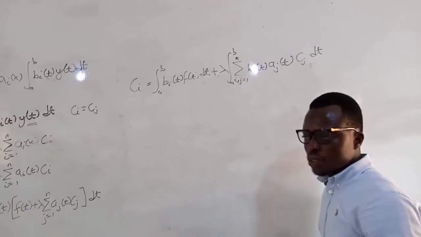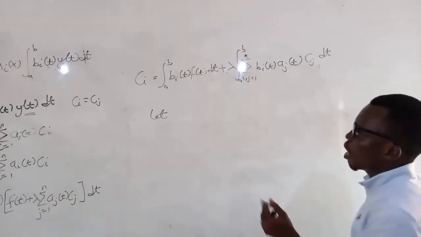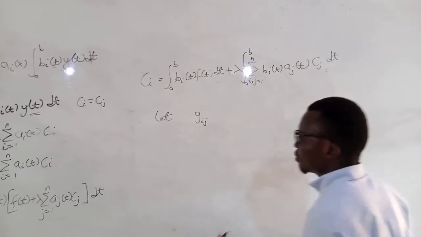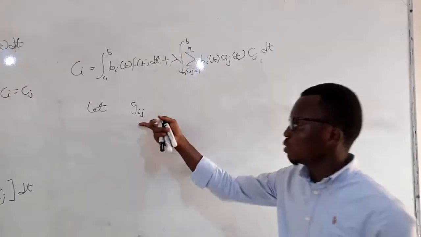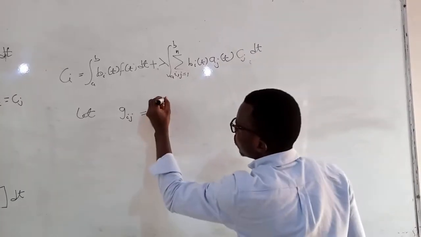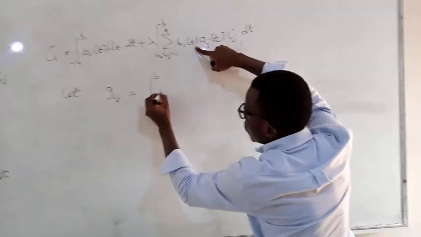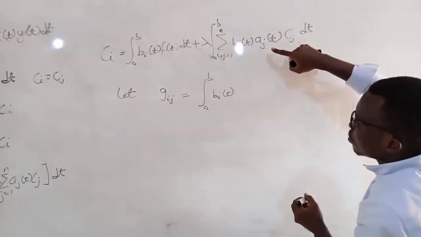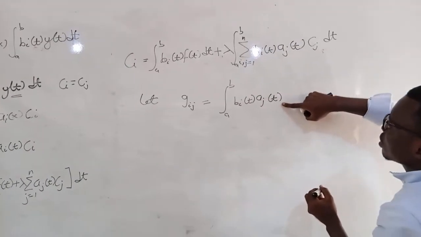Now I'm going to let Jij, which is a matrix. Jij is a matrix in a tensor form. So Jij to be equal to integral of a to b, then bi of t, ai of aj of t, then dt.